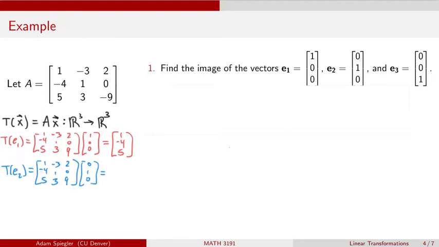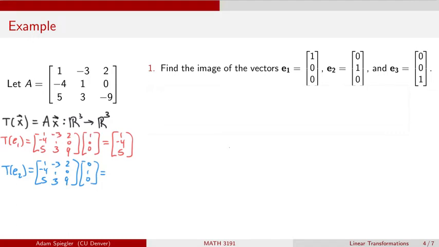And for the next one, if we want to see what is the image of E2, again, we take matrix A now times the vector E2, 0, 1, 0. So we're going to take 0 times the first column, that's going to give me the 0 vector, plus 1 times column 2, plus 0 times the third column, which again would give me the 0 vector.